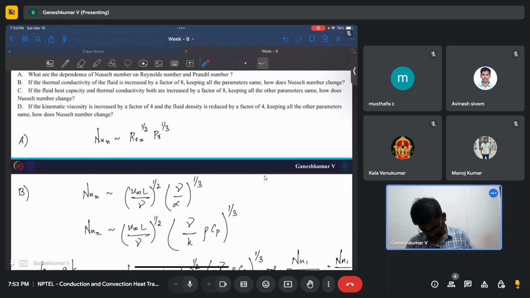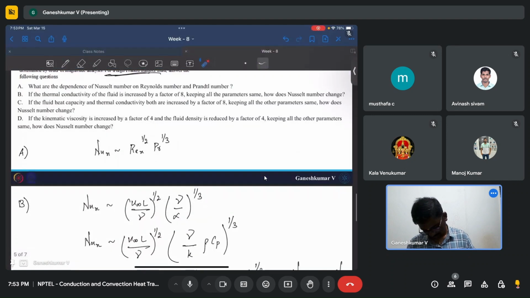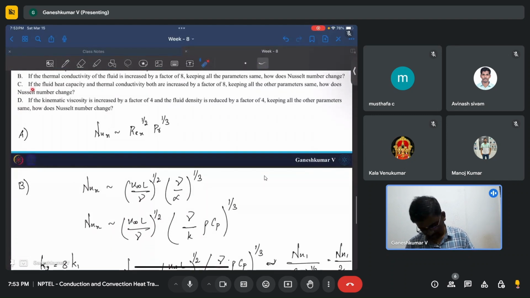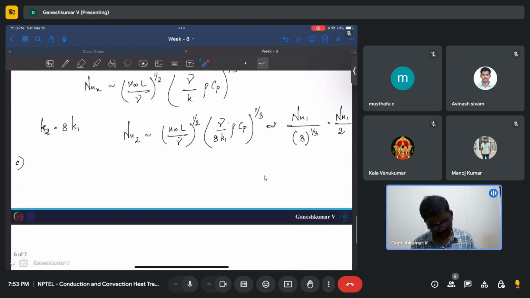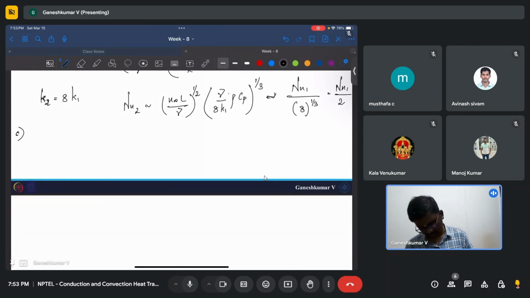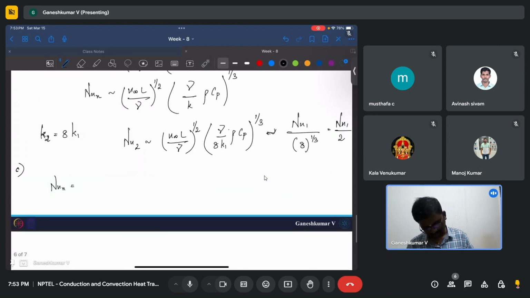Now the third question: if the fluid heat capacity and thermal conductivity both are increased by a factor of 8. So we are adding two more things. Initially we increased thermal conductivity, now we are increasing heat capacity also. By now you must have guessed, it is going to nullify this effect.